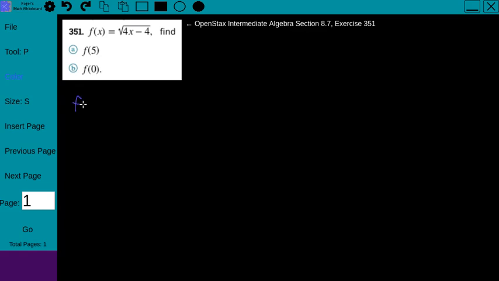For part A, f of 5 would be the square root of 4 times 5 minus 4. I always advise students to put the value you're inputting in its own set of parentheses and leave everything else that was there originally unchanged.